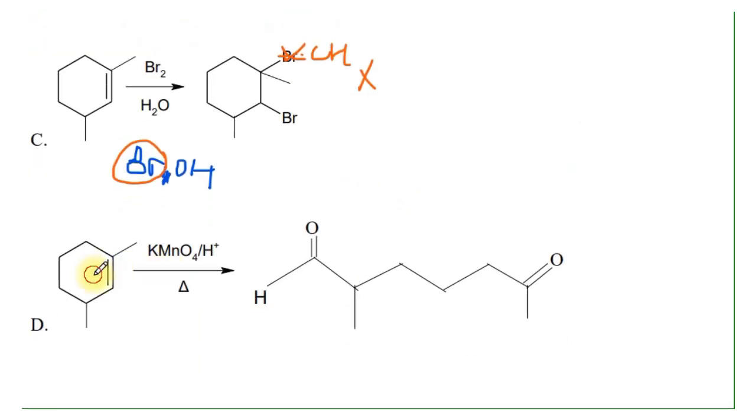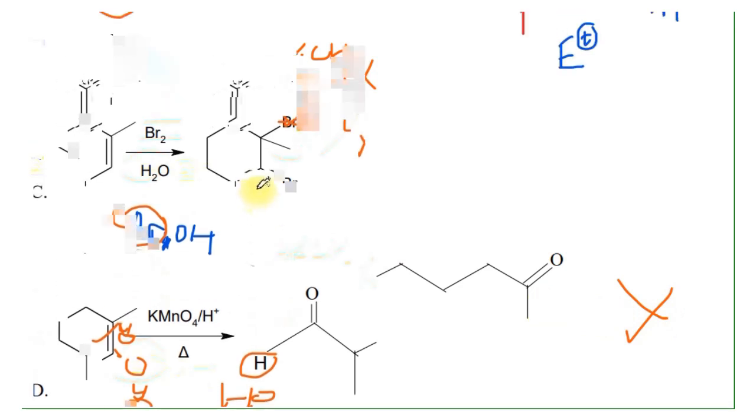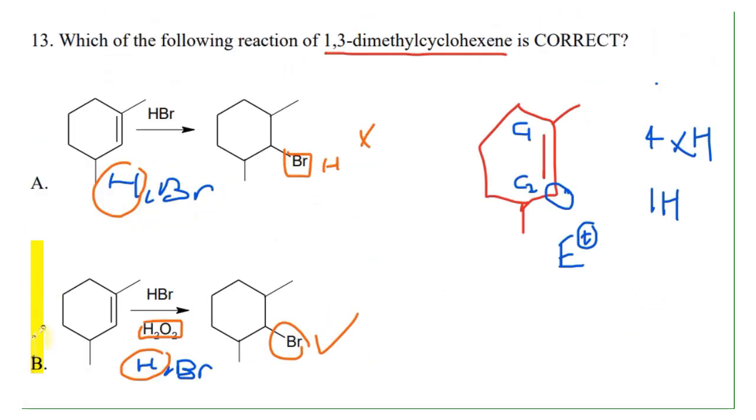KMnO4 breaks over here, forming a double bond to O, and here will form a double bond to O as well. But take note, there is one hydrogen over here, so the hydrogen will continue to oxidize to become OH. So a carboxylic acid is formed. That's why D is wrong as well. So the answer for question number 13 is B.